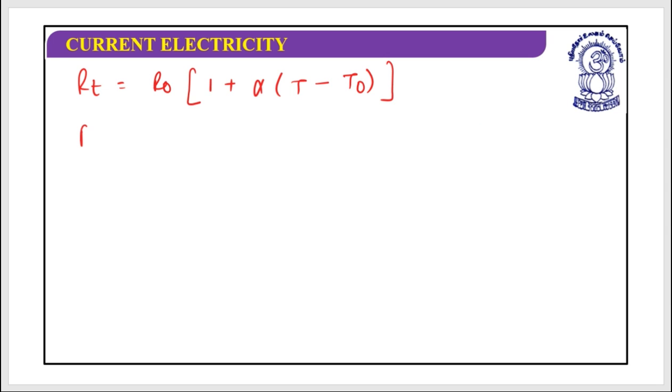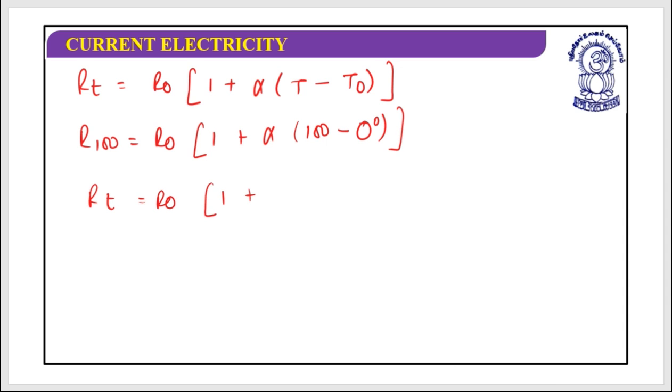Now, what is resistance at 100 degrees Celsius? R100 is resistance at 0 degrees Celsius into bracket 1 plus alpha into 100 minus 0 degrees Celsius. And what is resistance at T degrees Celsius? It is R naught into bracket 1 plus alpha into T minus 0 degrees Celsius. So this is relation number 1, this is relation number 2.